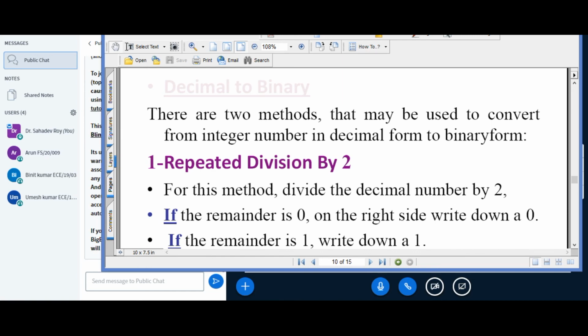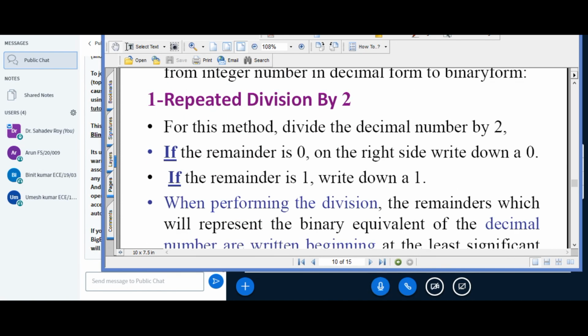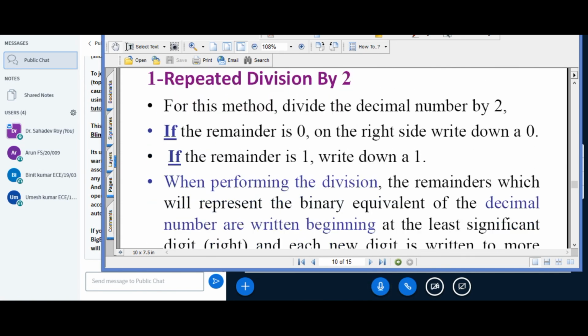So there are two methods used to convert an integer number in decimal form to binary form. One is repeated division by 2. If you use repeated division by 2, you divide the decimal number by 2 first. If the remainder is 0, on the right side write down 0.